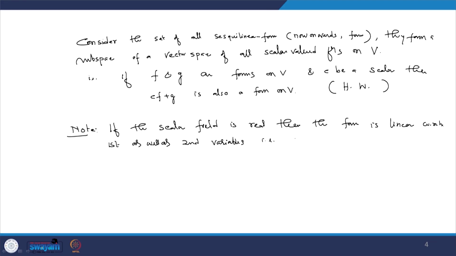That is, f will be bilinear. I mean, in that case, the form is called a bilinear form.